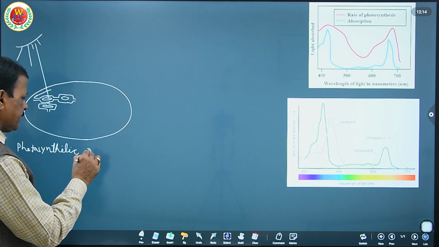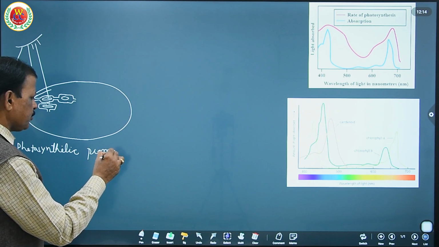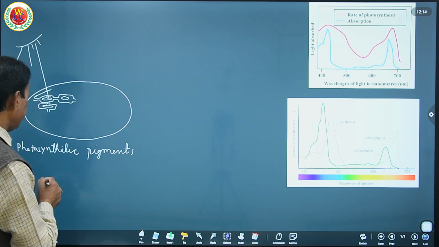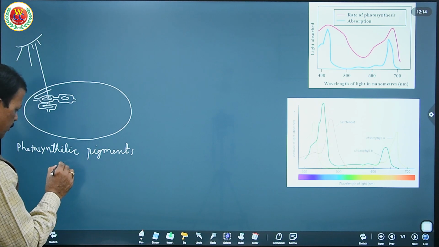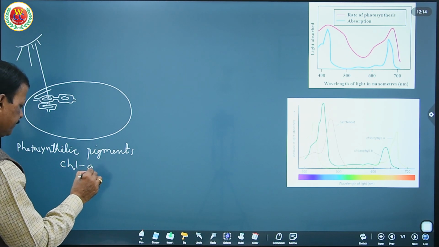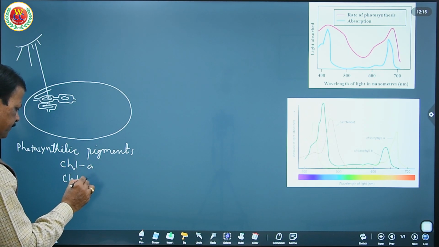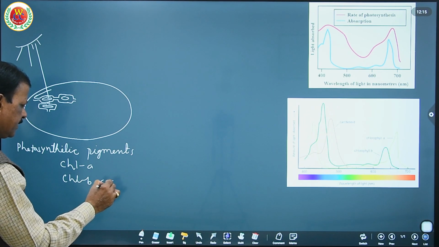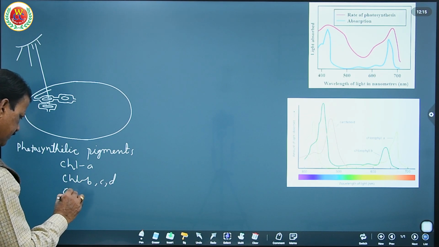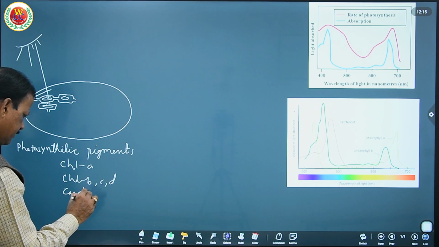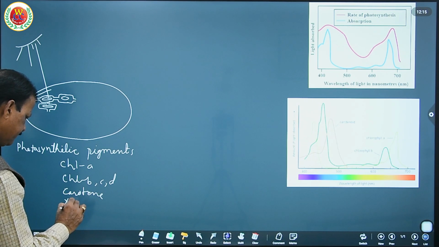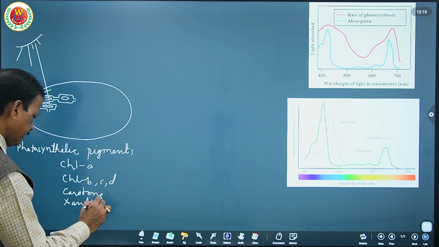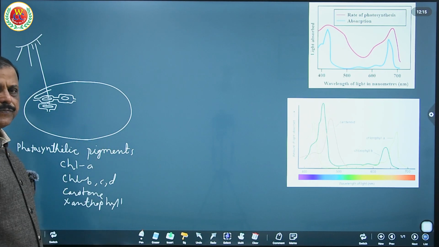Which photosynthetic pigments are there? There are chlorophyll A, chlorophyll B, C, D, carotene, xanthophyll, and so on.